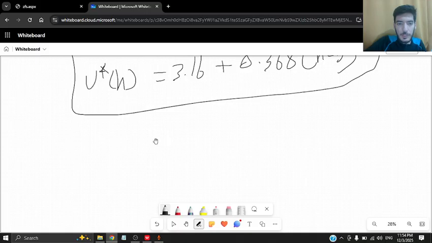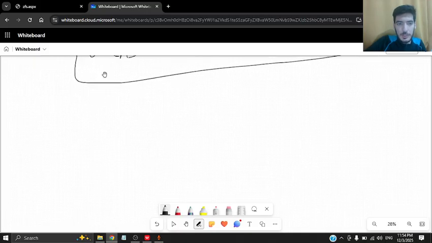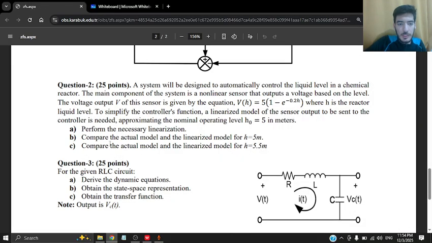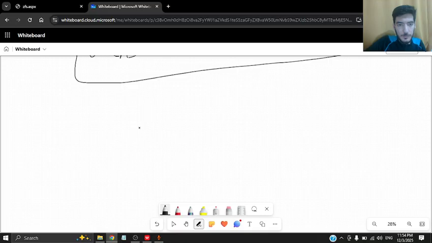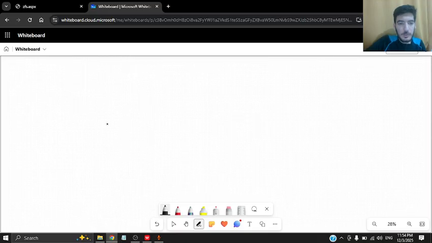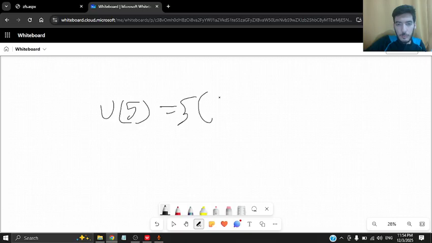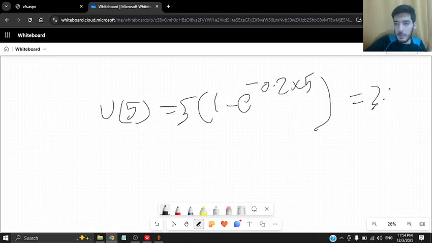Now if we move to the B section, here it says I need to compare it to the actual model for h equal 5 meters. So for the actual model, it will be equal to 5 multiplied by 1 minus e to the power negative 0.2 multiplied by 5, and it will be equal to 3.16.